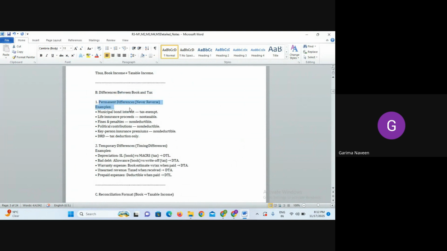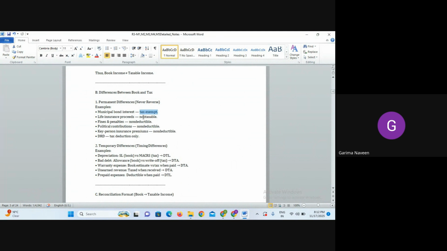Some of the differences are permanent and some are temporary. Permanent differences are those items which are included either in your book income or in your taxable income, not in both. For example, municipal bond interest is income for book purposes, but it is tax-exempt income for tax purposes.